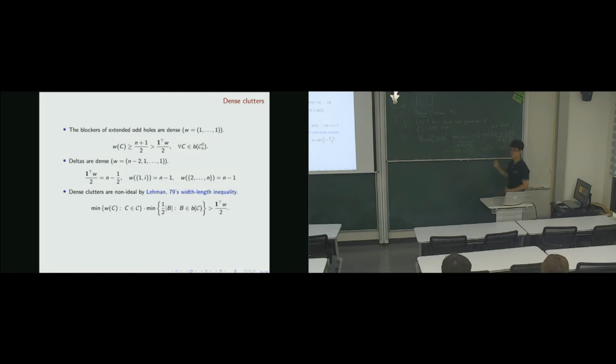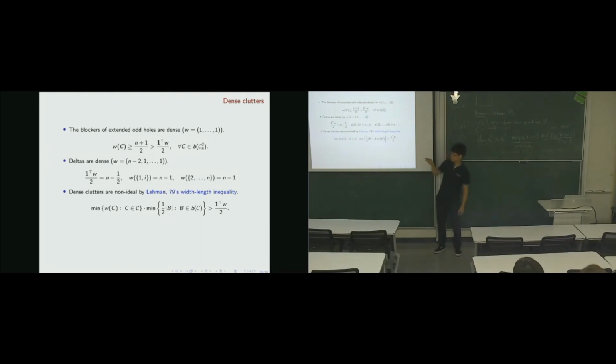And I assume that the minimum cardinality of a cover is at least 2, because that's what I assumed initially to define density. So this is at least 2, right? So if you take the product of these two, that's greater than W transpose 1. So that's violating this inequality. Okay.